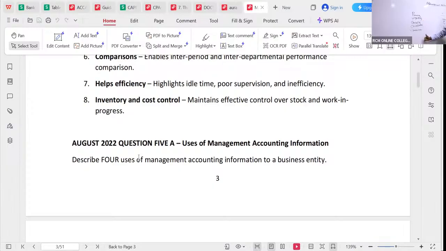But the moment you have this management accounting information, your communication will be perfect. Then add the others that you know, like cost ascertainment, and using this information to do pricing. Then you'll be able to get 10 out of 10.